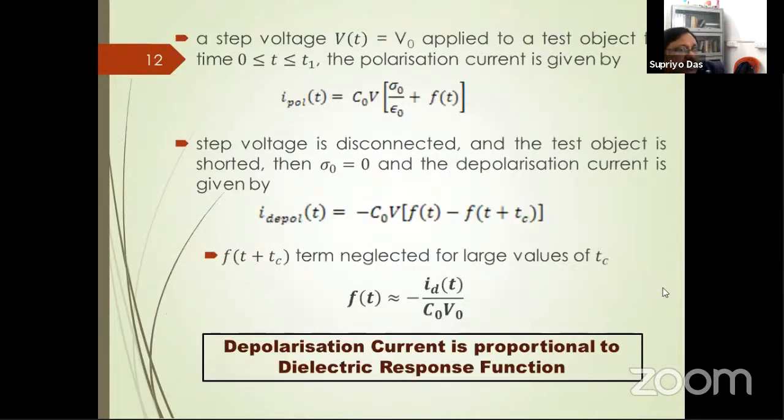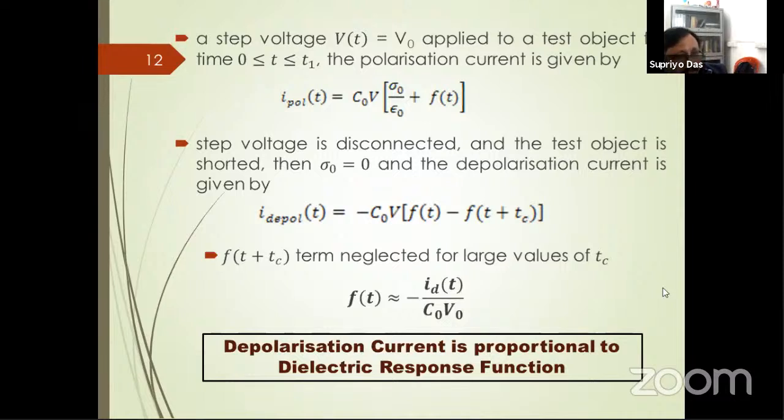That is what we get here: I_polarization equals C0 V0 times (sigma naught by epsilon naught plus f(t)). So when we apply the step voltage, we get a polarization current given by C0 V0 (sigma naught by epsilon naught plus f(t)), where f(t) is what is called the dielectric response function.